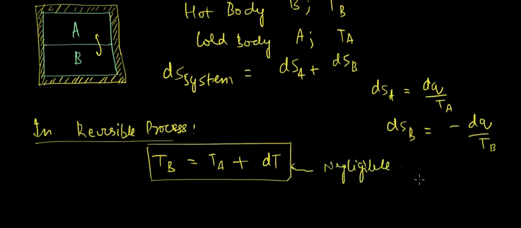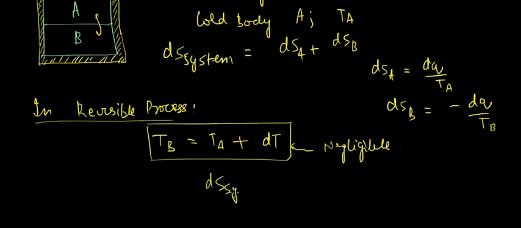And dS of total system would be equal to 0, because dS of system would be dS of A plus dS of B, and it is insulated, meaning no heat is exchanged with the surroundings.